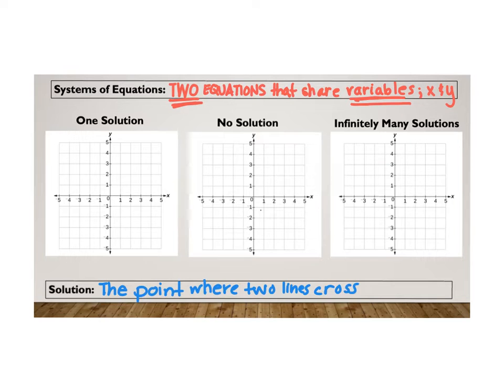And usually that point looks like this, a coordinate x comma y. Another word for solution would be a point of intersection. So another word for solution is point of intersection.